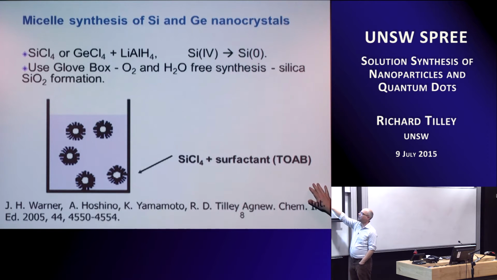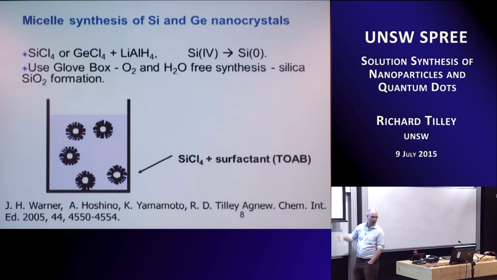We were using a surfactant called TOAB, and it seemed to be important for sticking to the silicon before it reacted and formed the silicon dots, because if you add silicon tetrachloride with lithium aluminium hydride, you can form silane. So the role of the surfactant seemed to be important in limiting the silane formation. But you do have to be a little bit careful doing this reaction.